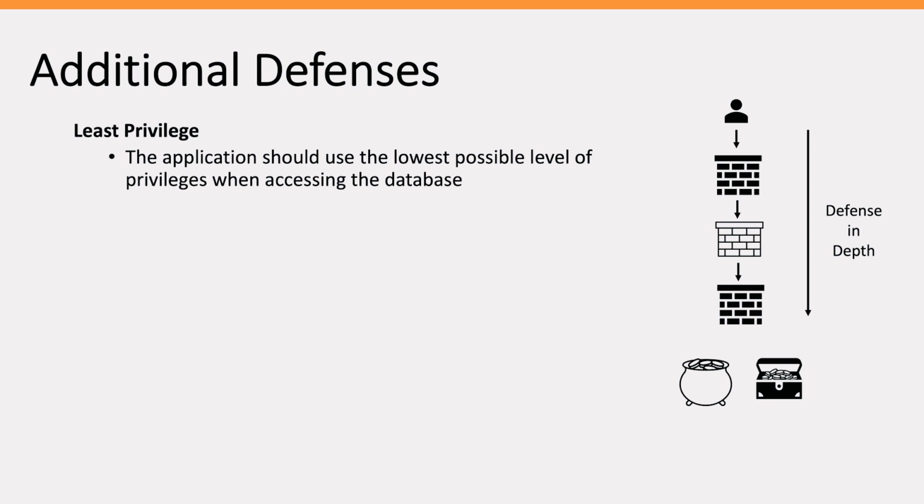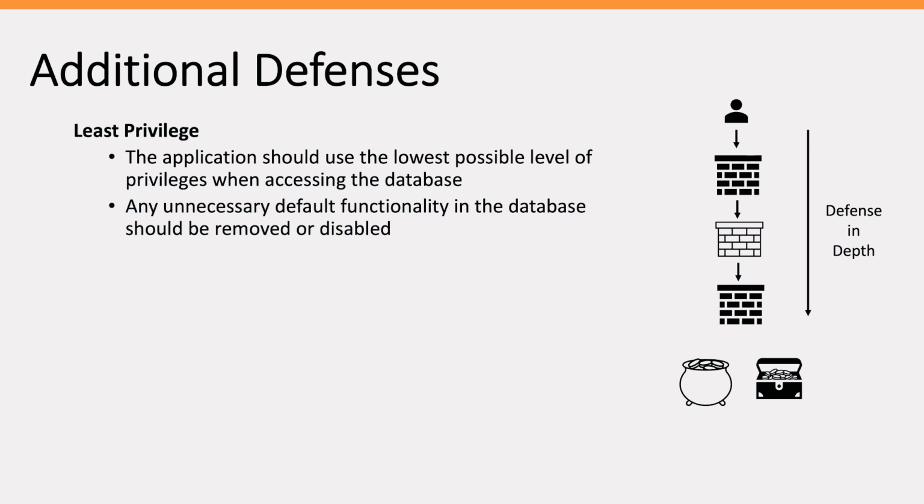However, if it was running with a service account that has all the privileges stripped, then the attacker has to find ways to escalate privileges on the server before they can, for example, move laterally within the organization. And so the application should always use the lowest possible level of privilege when accessing the database.